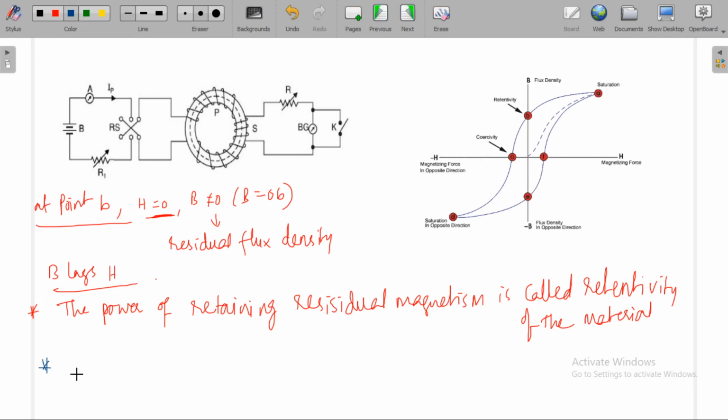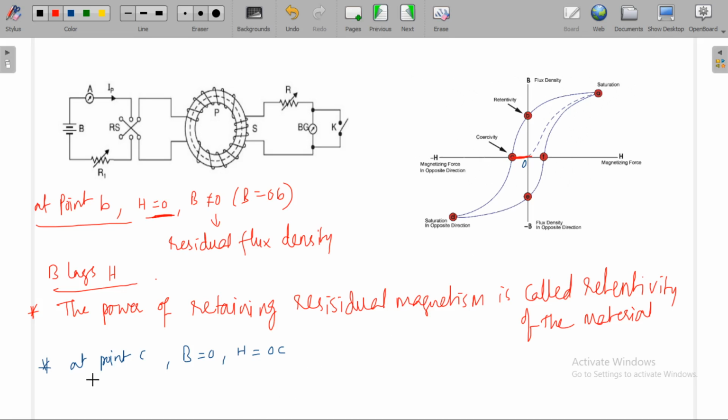And now at point C, B is 0 and H is equal to OC. What is the meaning of this? So this much negative magnetizing force is required to make B zero.